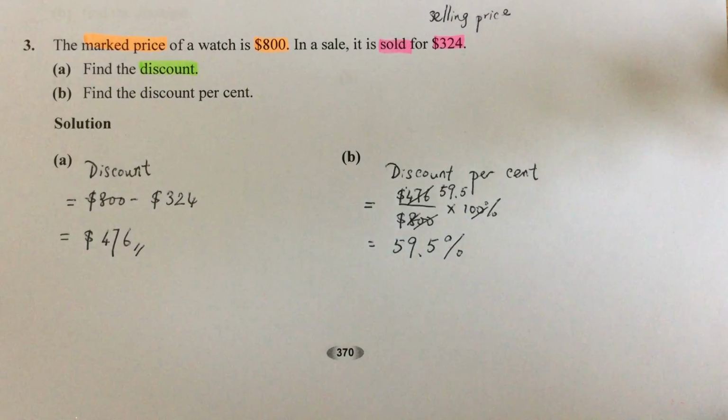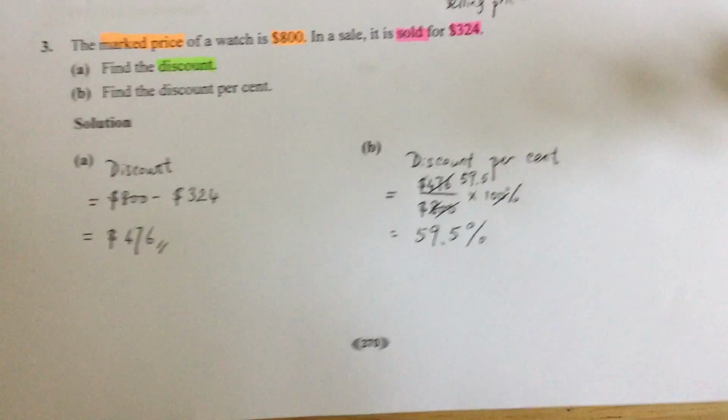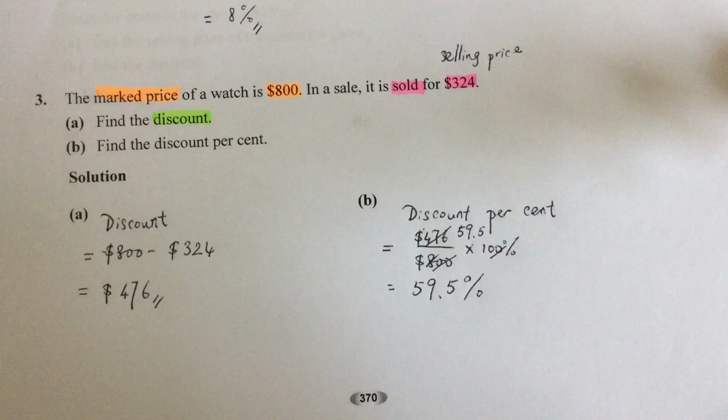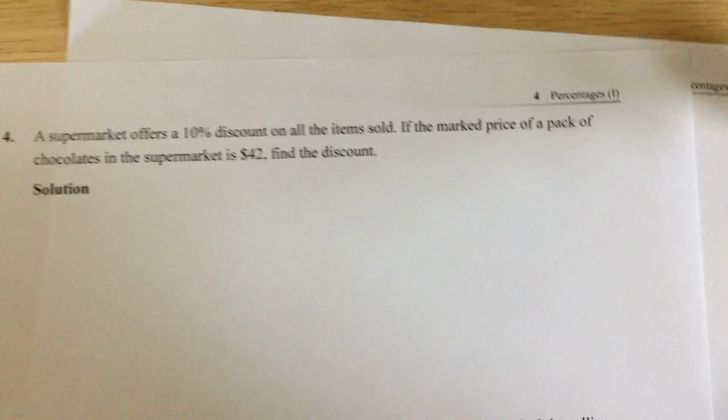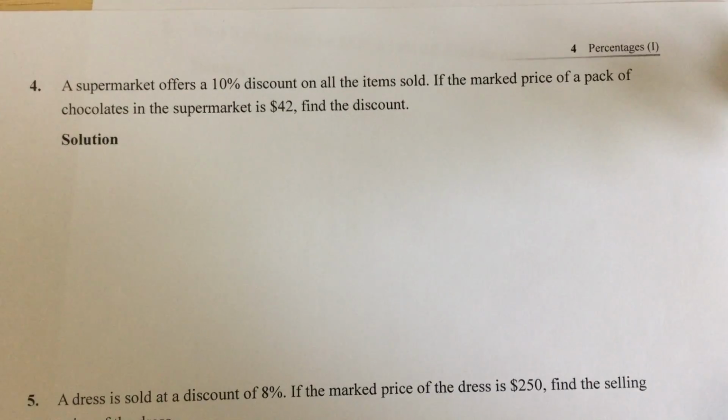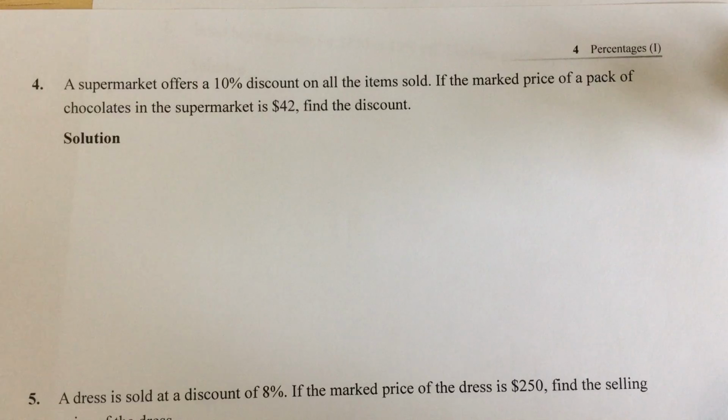Okay, now we will go to question 4. A supermarket offers a 10% discount on all the items shown. If the mark price of a pack of chocolates in the supermarket is $42, find the discount.